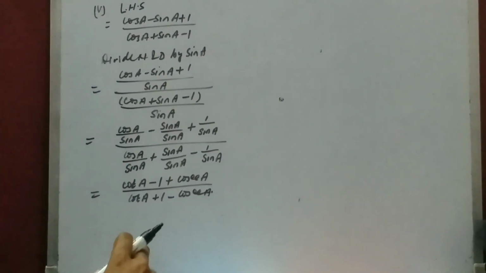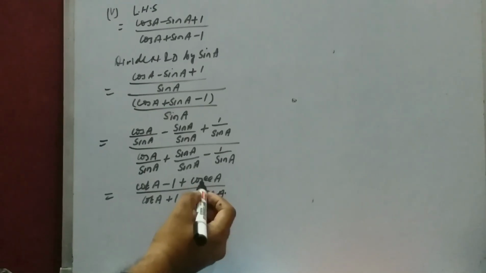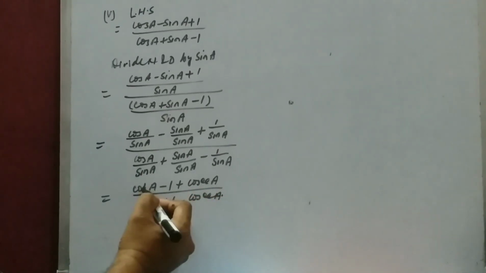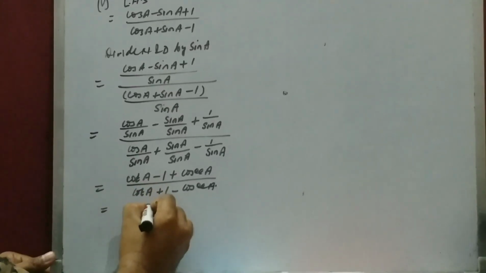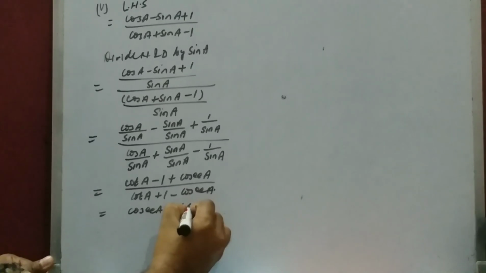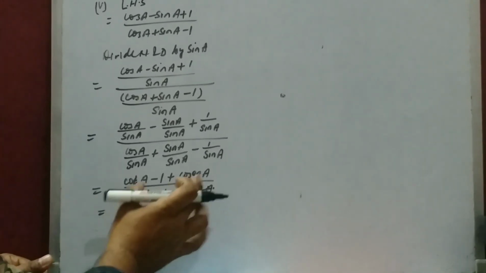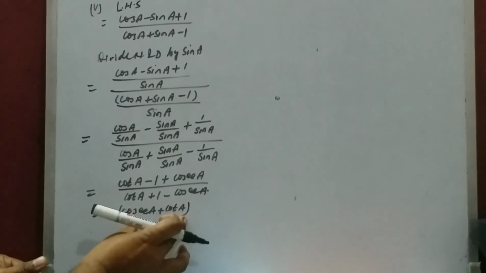And in RHS, cosec A plus cot A is given. So you will associate this cosec A and cot A together, and you will write here cosec A plus cot A. You will associate these two together because this is the demand of RHS.